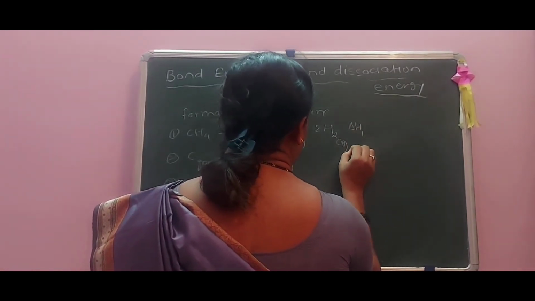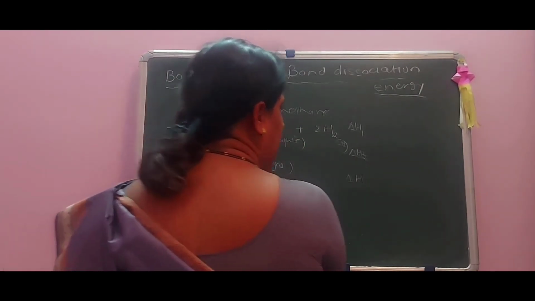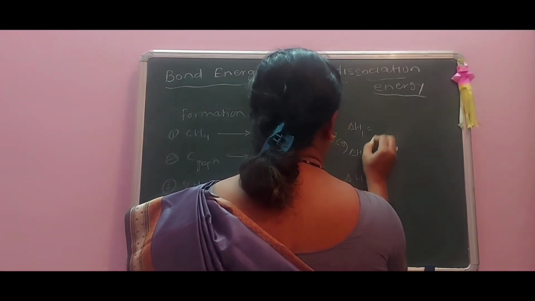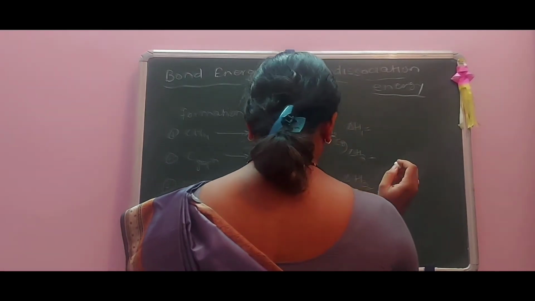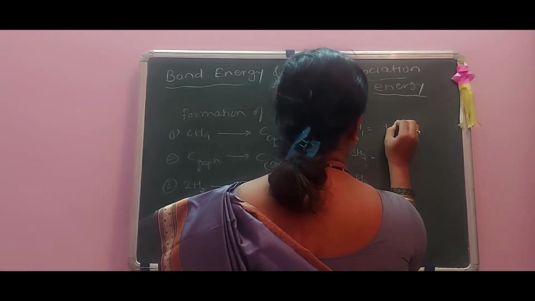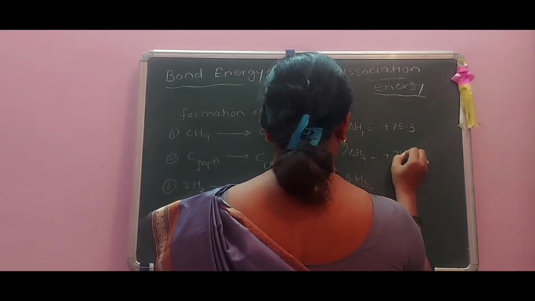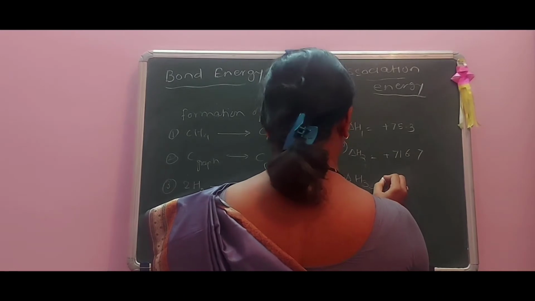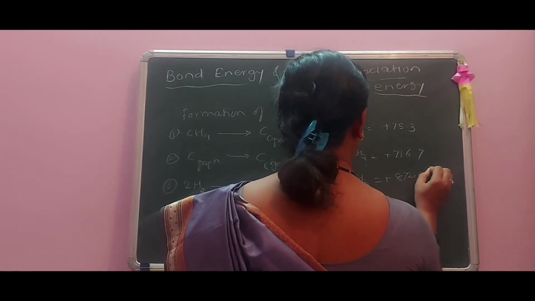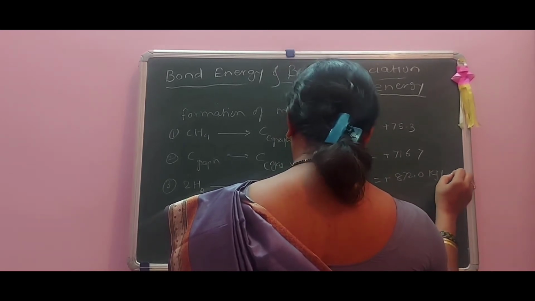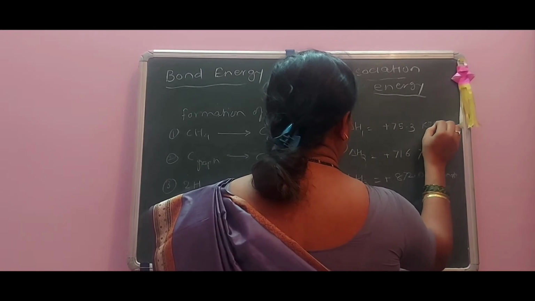The delta H1, delta H2 and delta H3 are given as plus 75.3, plus 716.7 and plus 872.0 kilojoule per mole.